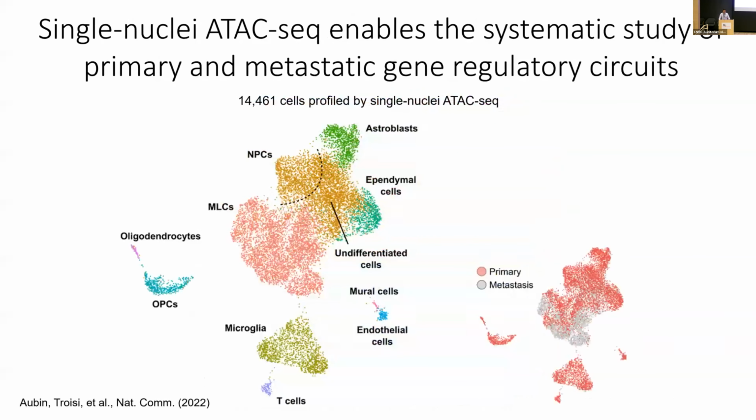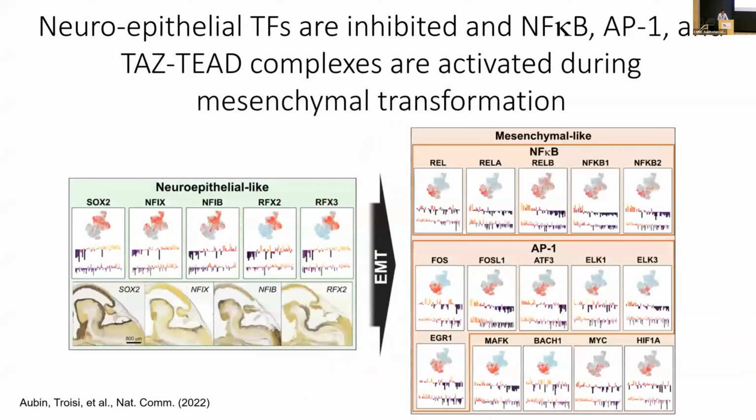We then turned to the single nucleus data, and we observed again a consistent picture, the same type of heterogeneity, same cellular processes happening inside the tumor. And we used this data to characterize the enhancers and transcription factors that were associated with that transition from neuroepithelial tumor cells into mesenchymal tumor cells.